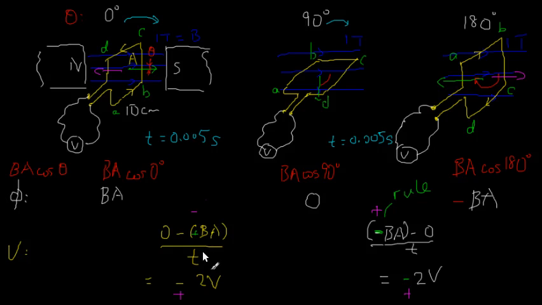But as it rotates from 0 to 90 degrees, the flux may not change uniformly, since the formula is cosine theta, and the cosine graph is not a straight line. So, assuming it rotates at uniform angular velocity, I should not expect to get a constant induced voltage.